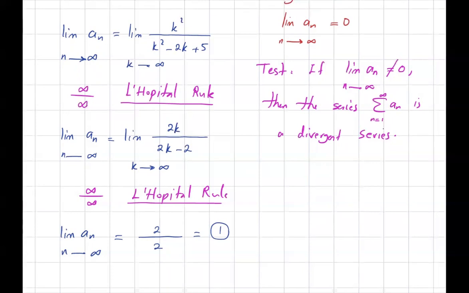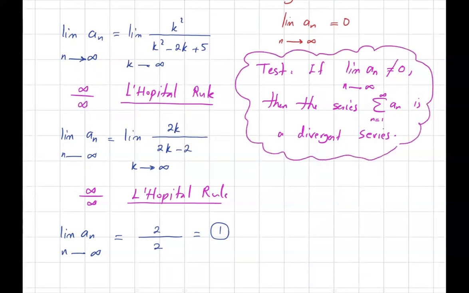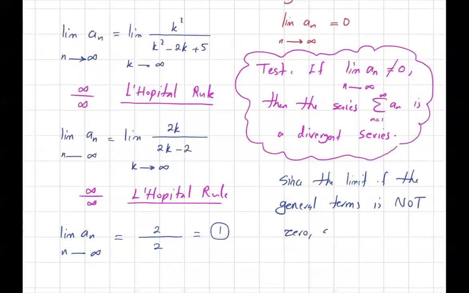The convergence test says if the limit is not 0, for sure you can say that the series is divergent. So since the limit of the general term is not 0, the series is a divergent series.